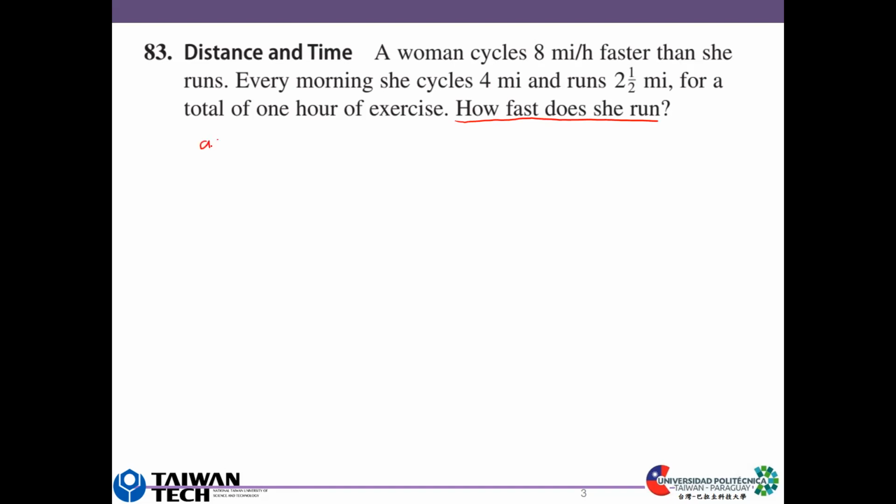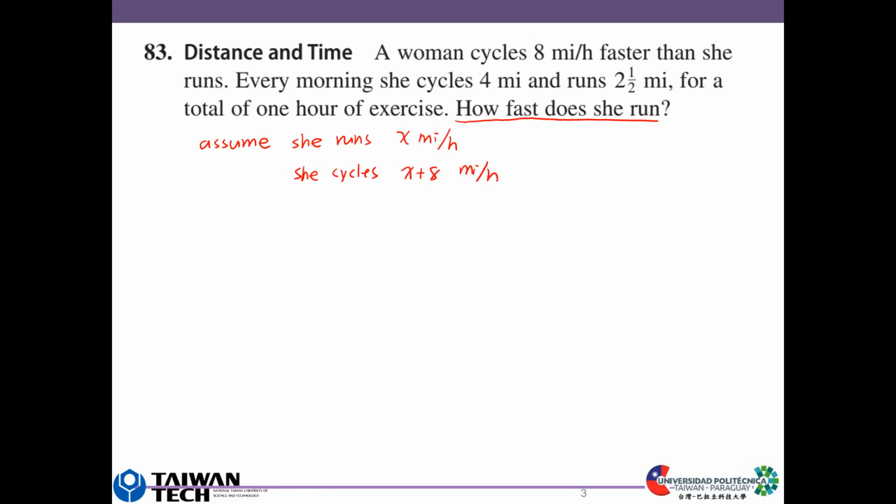So I assume she runs x miles per hour. Since the problem says she cycles 8 miles per hour faster than she runs, she cycles x plus 8 miles per hour.